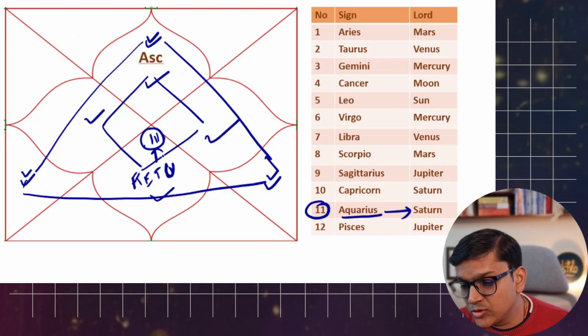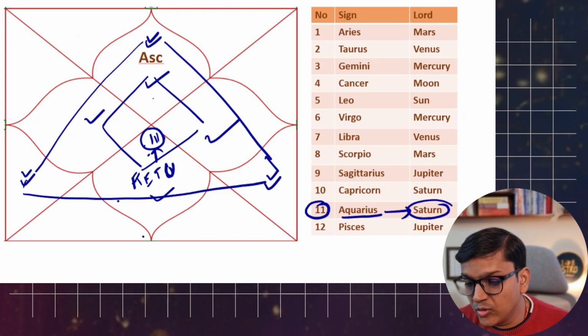So here, if Ketu is sitting in these houses, and the owner, which we have identified as Saturn, is sitting either in the Kendra or the Trikonas. For example, Ketu is sitting in one of these four houses and the owner is sitting in the trine.